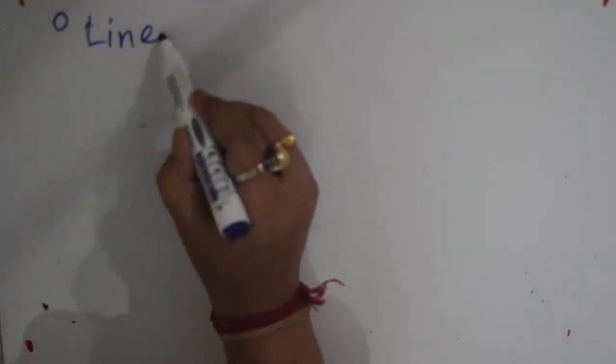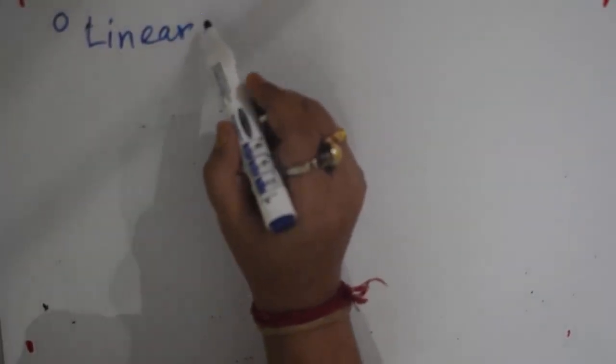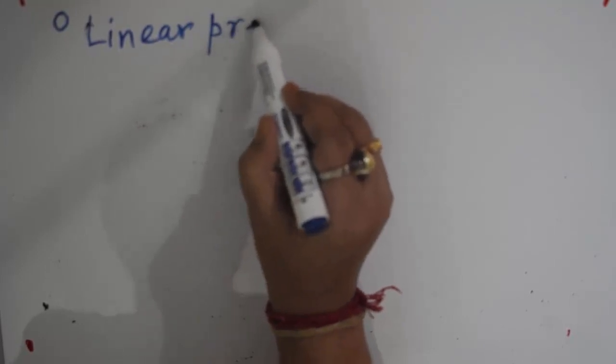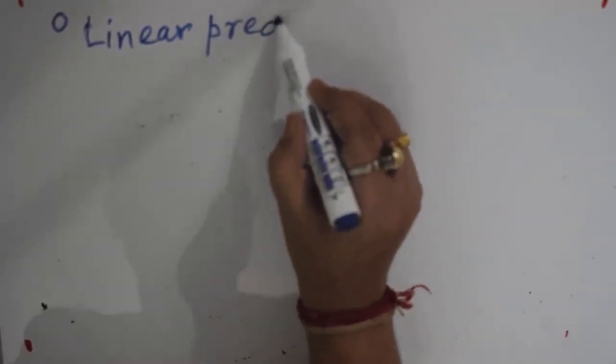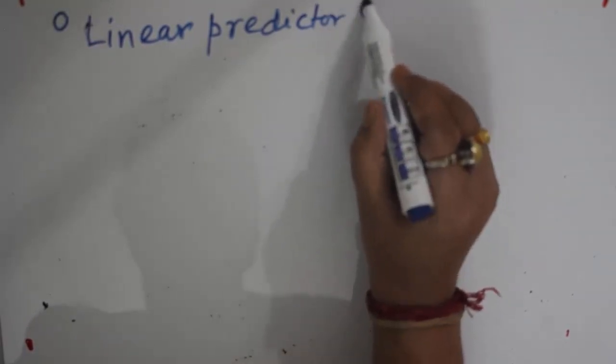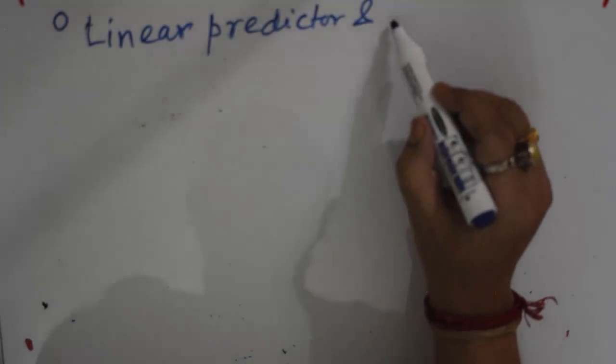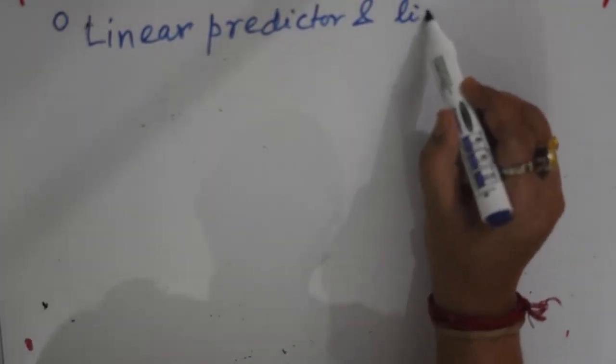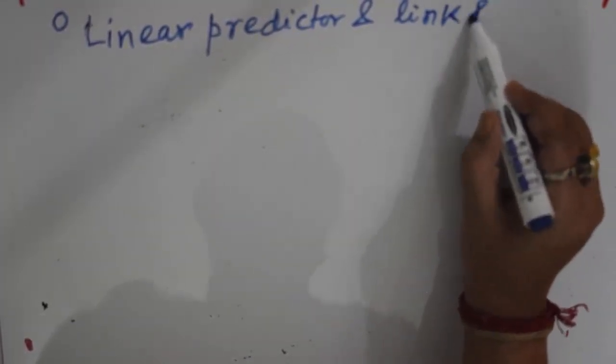Now consider linear predictor and link function.